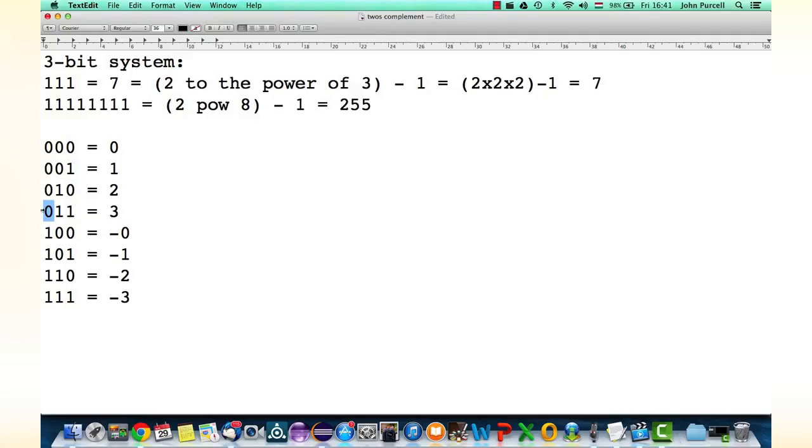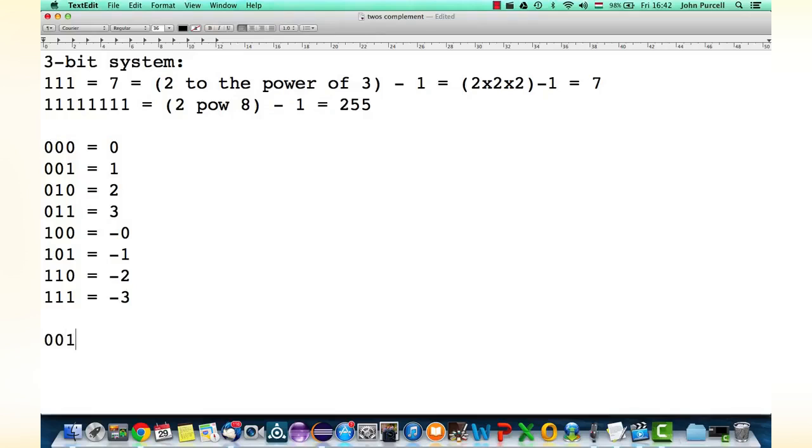But the problem is, this system, which isn't used by any computer that I've heard of, doesn't let you do arithmetic easily at all. So let's imagine that we want to add up, let's say, 1 and minus 1. Let's try that.